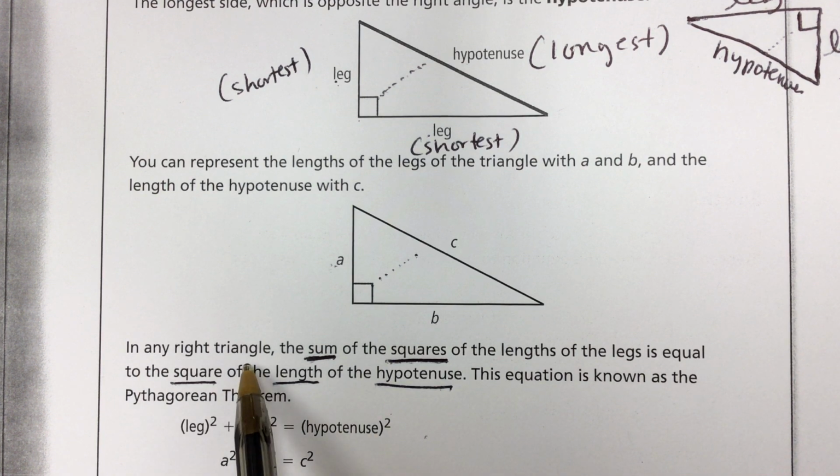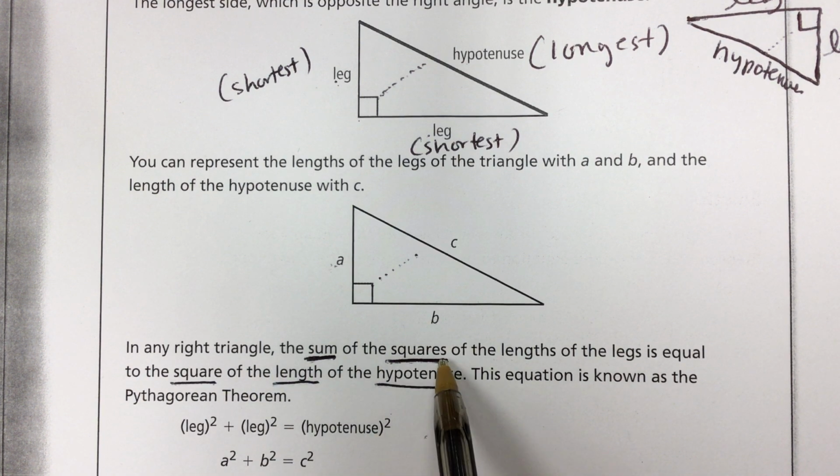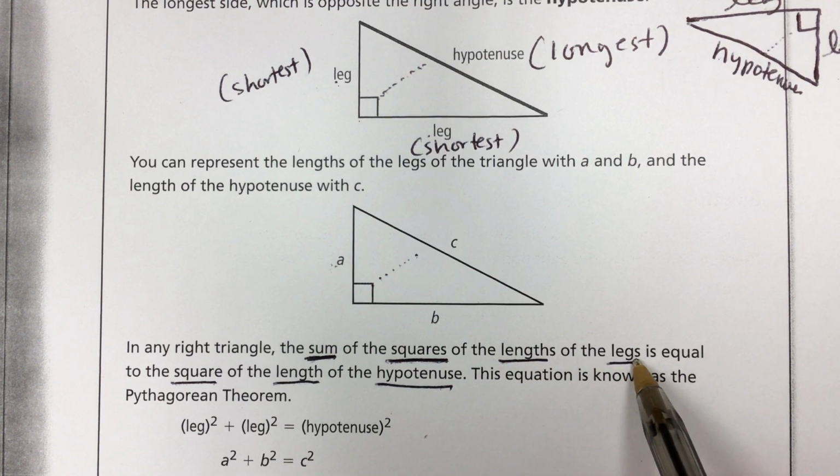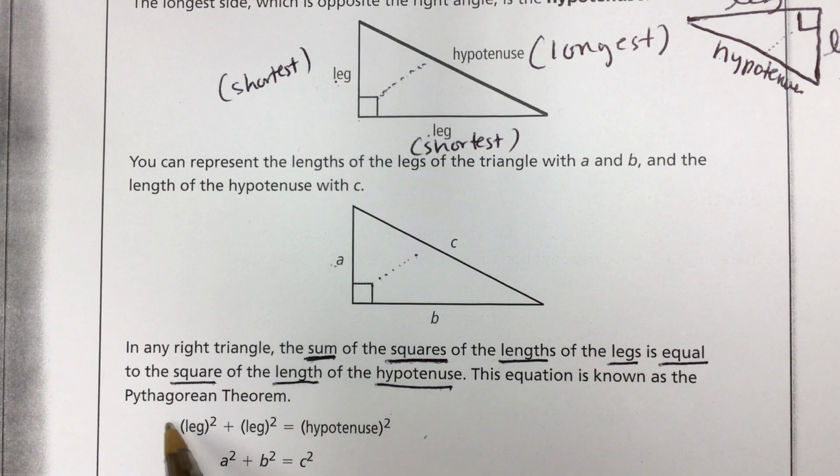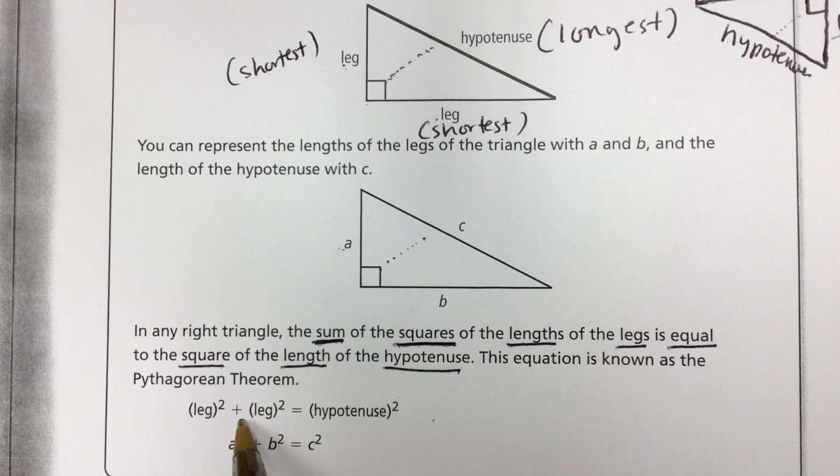In any right triangle, the sum of the squares of the lengths of the legs is equal to the square of the length of the hypotenuse. This equation is known as the Pythagorean theorem. Leg squared plus leg squared equals hypotenuse squared.